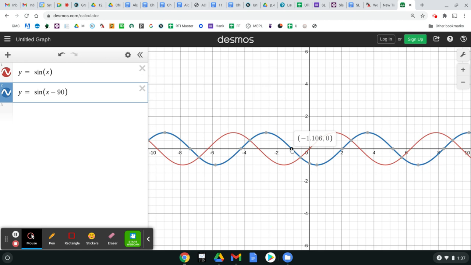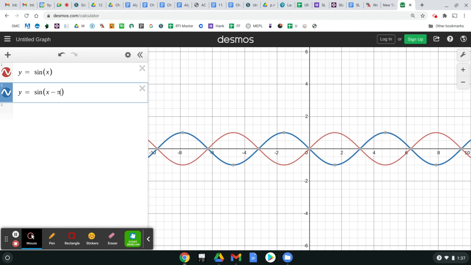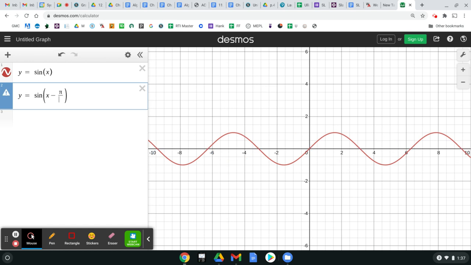I'm sorry, 90 degrees. Is that pi over 2? I think so. Yep, it is. So it's just shifted left. Actually, hold on. I think I want to do pi. Yeah, okay, that's what we wanted.